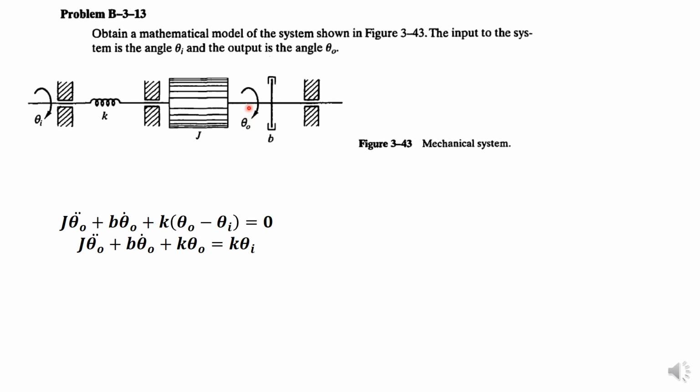So how do we model our system? Apply the rule I taught you. This should be very easy. What will be our free body? Our free body will be this one. And theta O will be our free body coordinate.